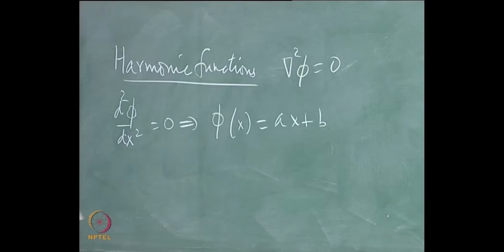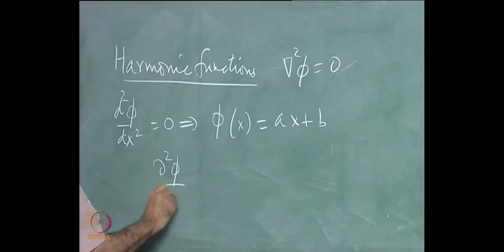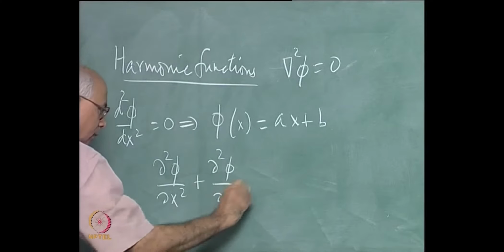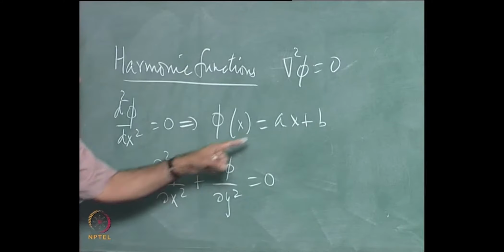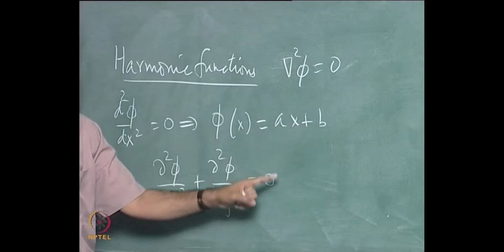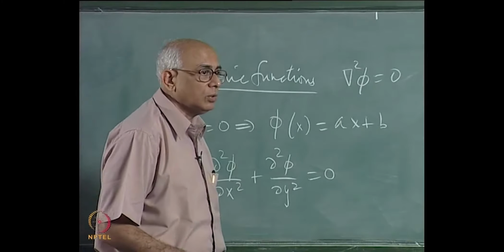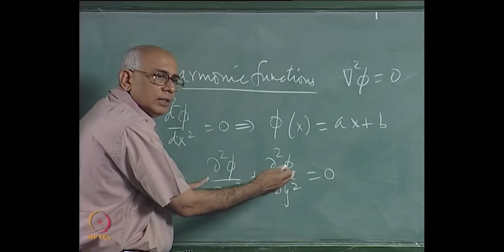What would you say is the corresponding property in 2 dimensions? So if I have this, what kind of property do you think phi must have in order to be a harmonic function? It is immediately clear that a linear combination of the form ax plus b plus cy plus d is a solution, but that is not necessarily the only solution, because each of these terms does not individually have to vanish.